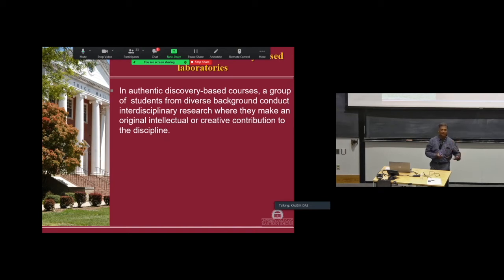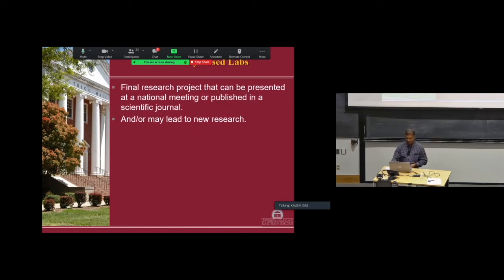And the success of this approach depends on how well you can do these modular research projects, so that these are doable by undergrads, but can give you great results, because these are very cutting-edge research projects. The final research project can be presented at a national meeting or published in a scientific journal, or may lead to new research.